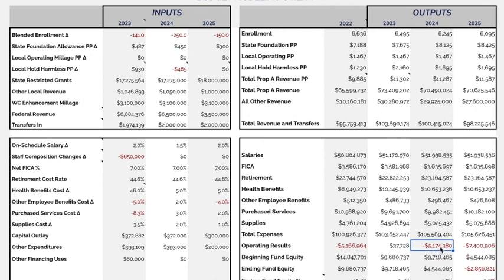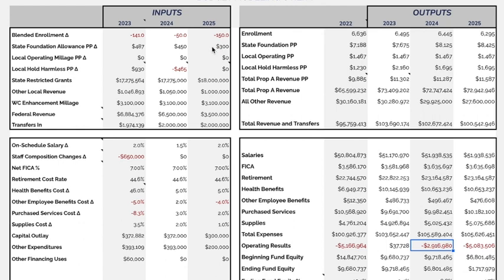That's the kind of swing that enrollment change has. Let's say it goes in the other direction. Let's say we only lose 50 students. Okay, a little bit better, but still a $3 million shortfall in this particular model.